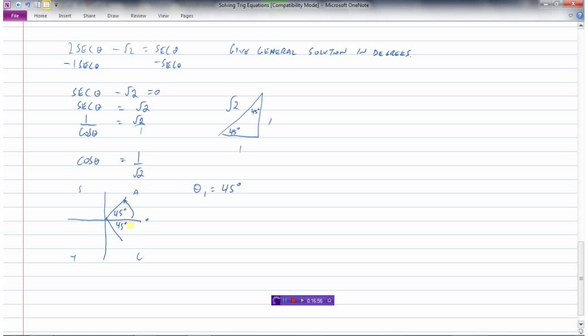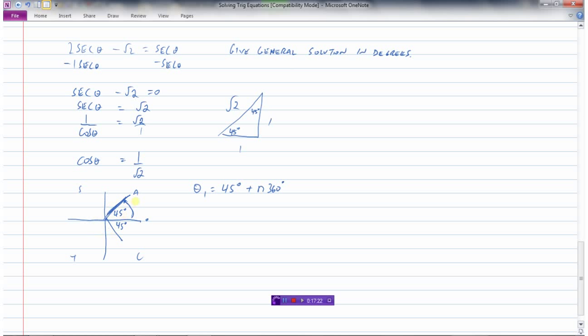Now we know that if we were to take this angle 45 and find some coterminal angles, I could just add any multiple of 360 degrees. Every time I keep spinning around here 360 degrees, I keep hitting that same terminal arm. So this would be my general solution, 45 degrees plus any multiple of 360.